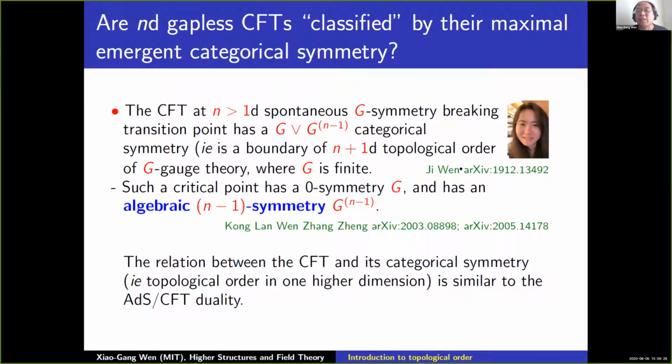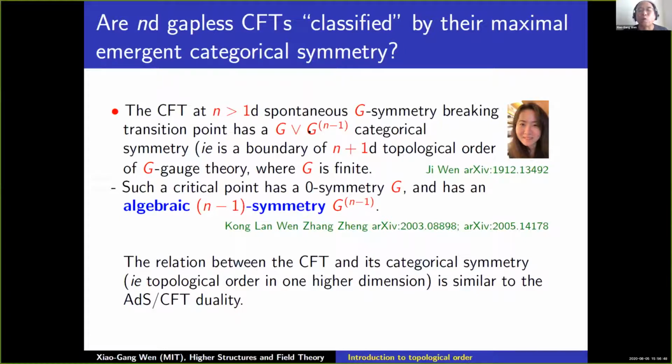Actually, in this paper, we show that it also has another symmetry. It's called the higher symmetry. But this is not really higher symmetry. It's a generalization of a higher symmetry. So we call this an algebraic higher symmetry. So this is some kind of algebraic higher symmetry. It's a generalization of a symmetry and a generalization of a higher symmetry.